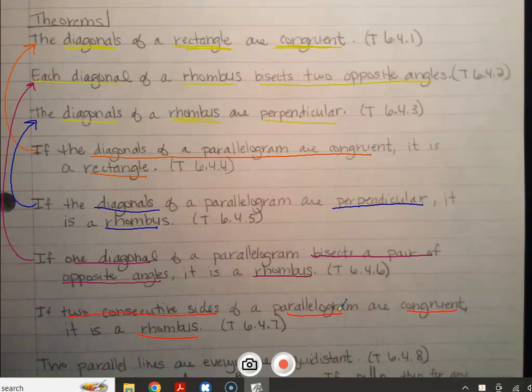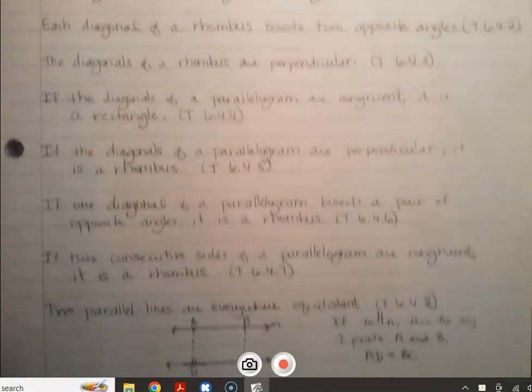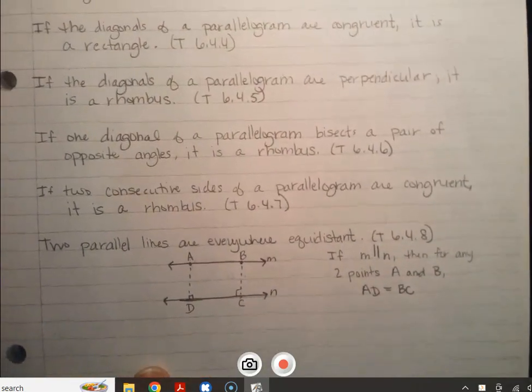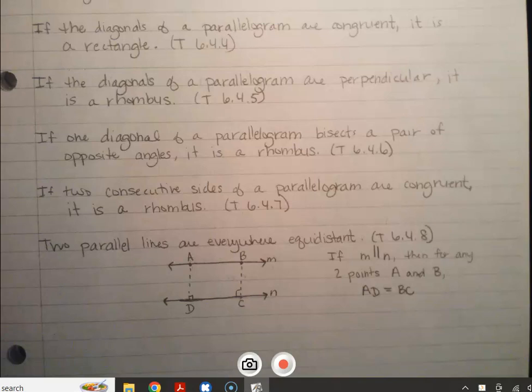And the last one, let me move up. I was going to say scroll, I can't exactly scroll. The last one here says two parallel lines are everywhere equidistant. That means anywhere on here, line M and line N are parallel. So if M is parallel to N, then for any 2 points, A and B, AD is equal to BC.